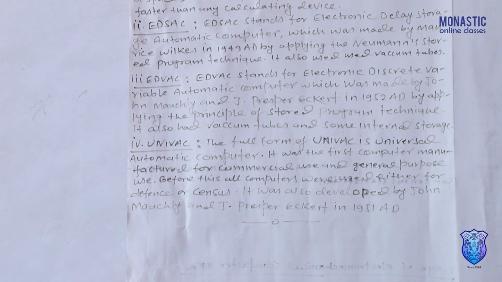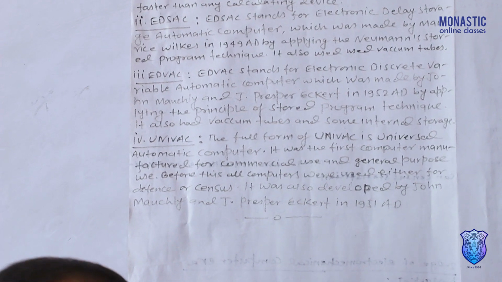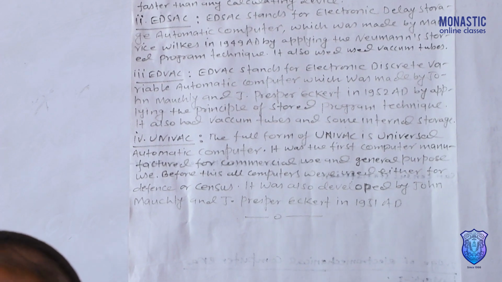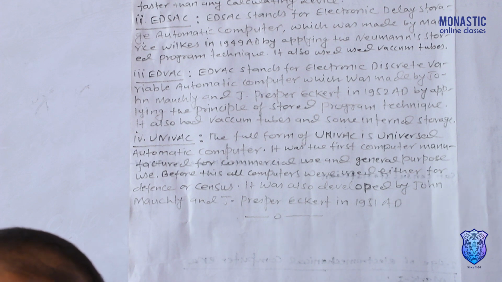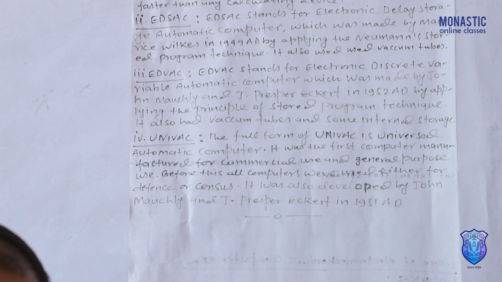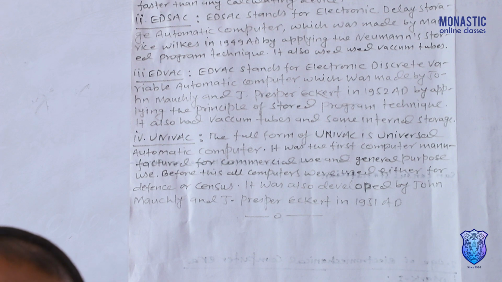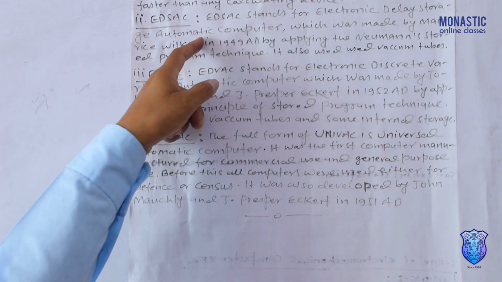This is also an example of the first generation of computer. That's why it was also very large in size, and vacuum tubes were used as the main component.